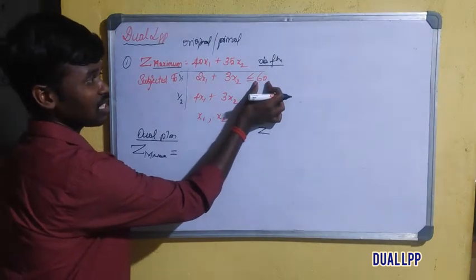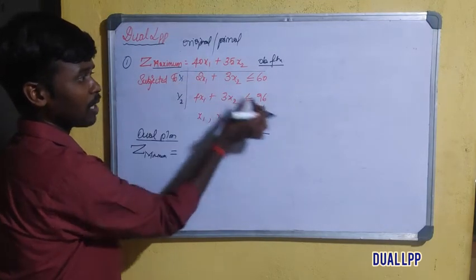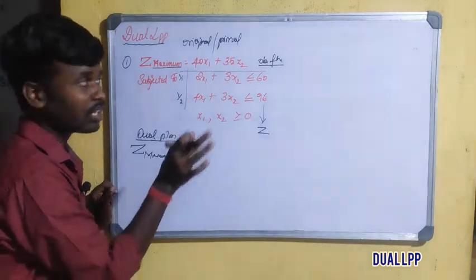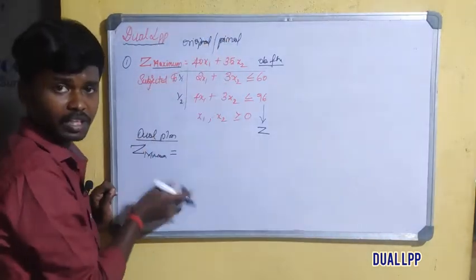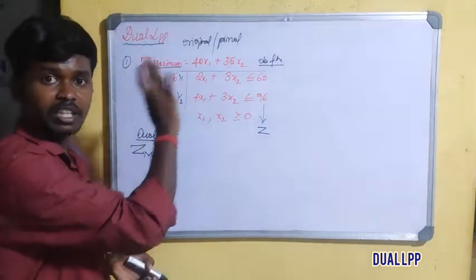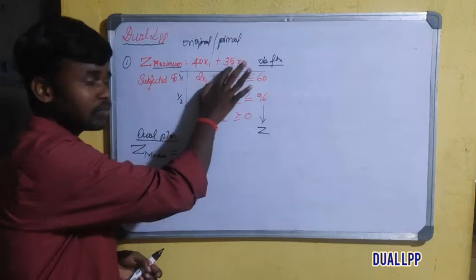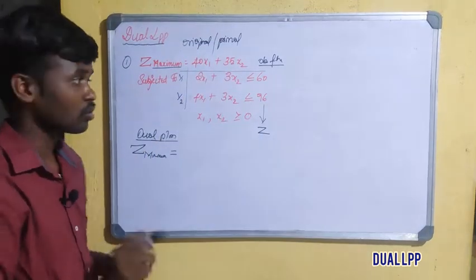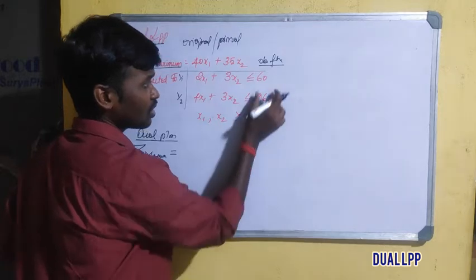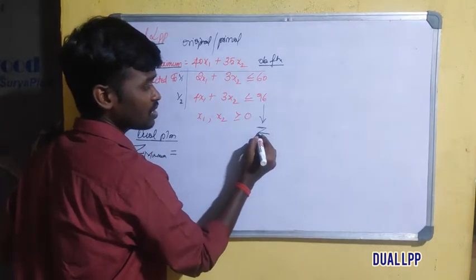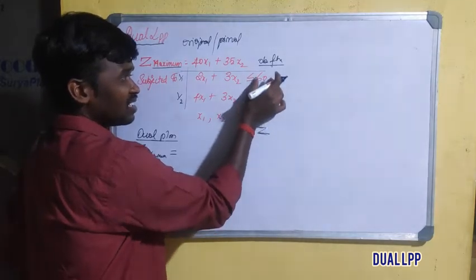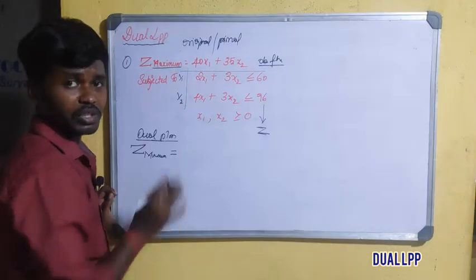60y1 + 96y2. If you want to convert primal into a dual problem, the constraints become the objective function and the variables become the constraints. I denote this with Z, because we add 60 and 96 to the objective function.